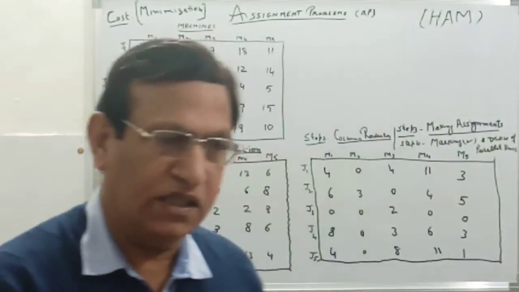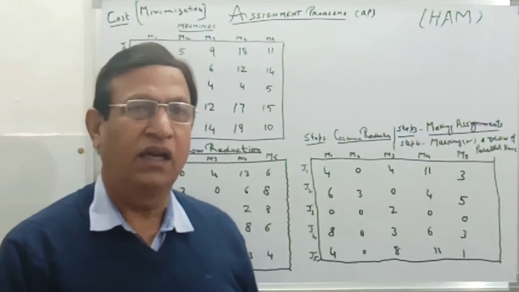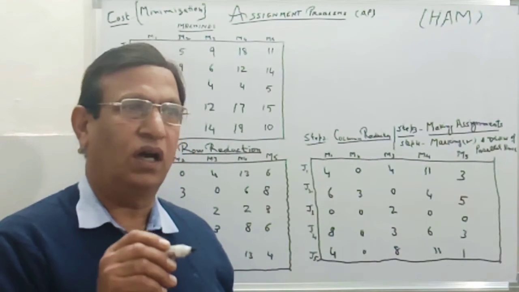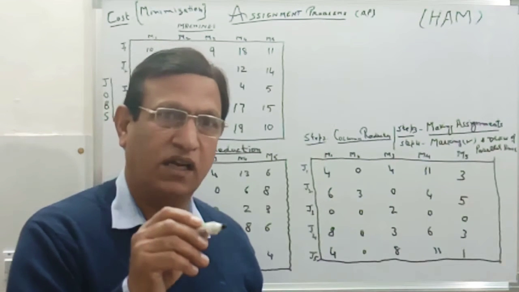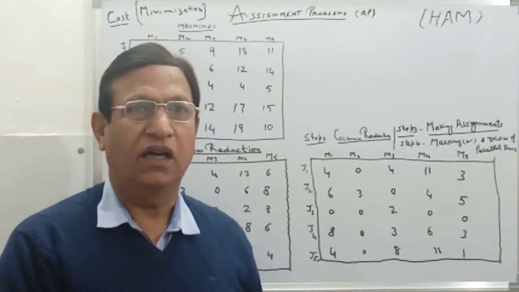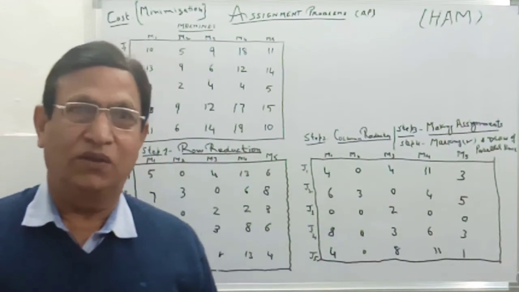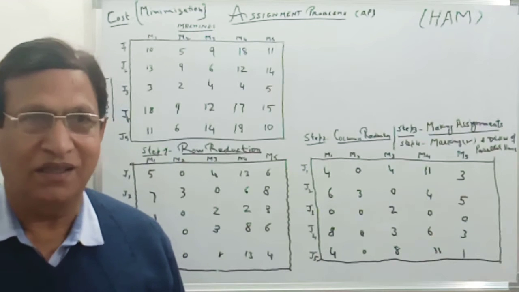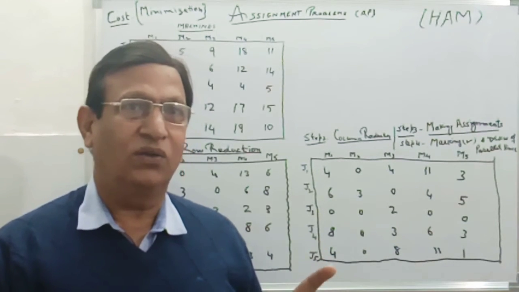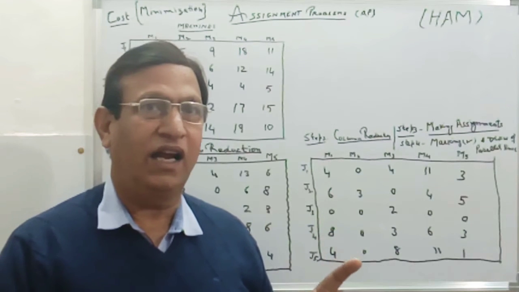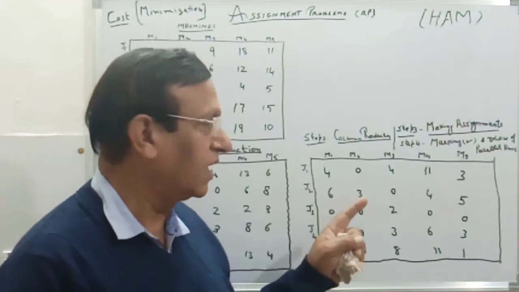Mark that 0 as assignment and cross all other zeros lying in the column of assignment. I repeat. Find the row in which there is a single 0. Then mark that 0 as assignment and cross all other zeros lying in that marked row, in that assignment.